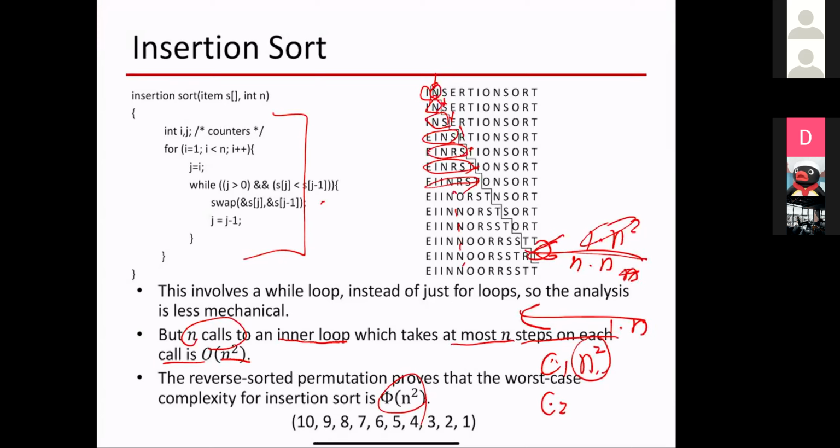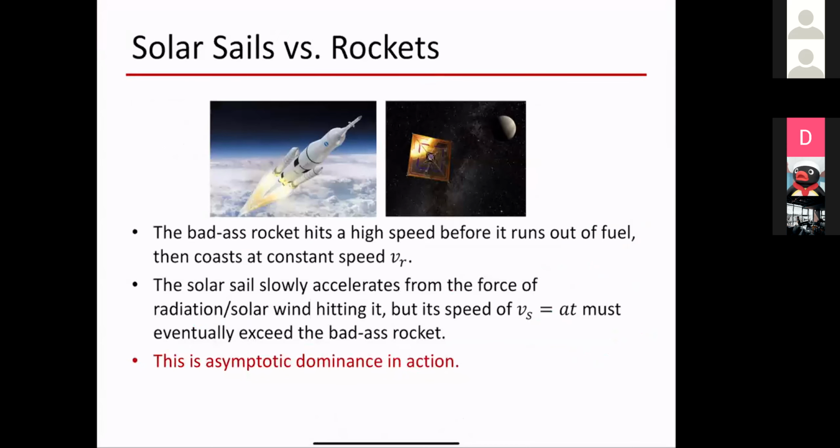Yeah, so for example, solar cells versus a rocket. A rocket hits a high speed before it runs out of fuel, then coasts at a constant speed, meaning your rocket is launched from the Earth and keeps increasing its speed until you drain all the fuel.